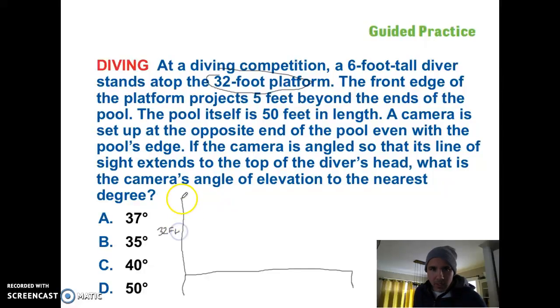Here goes my platform, and my diving board right there. It's about 5 feet right here, the diving board. And the diver stands about 6 feet.